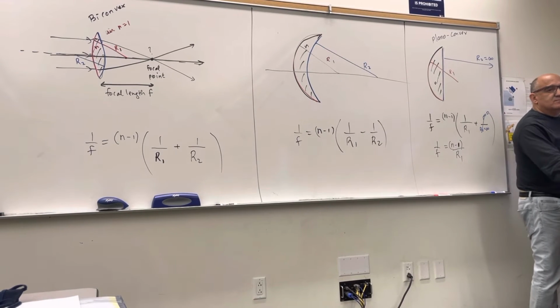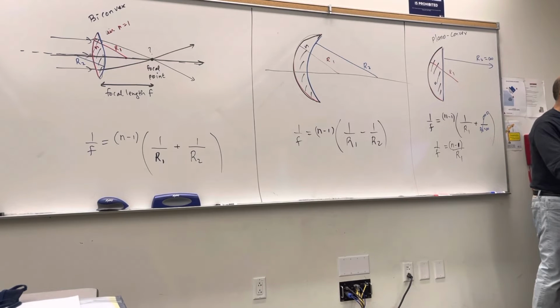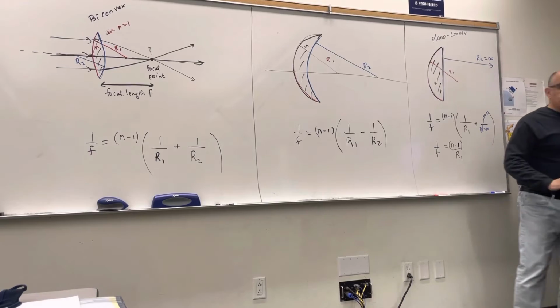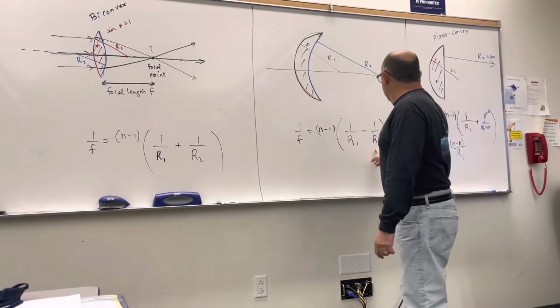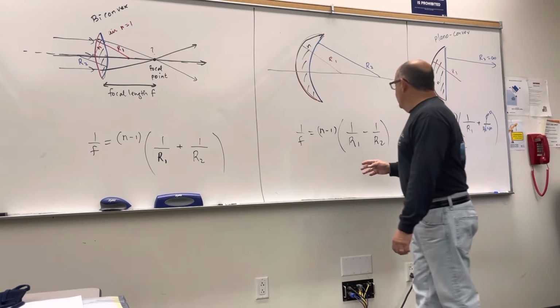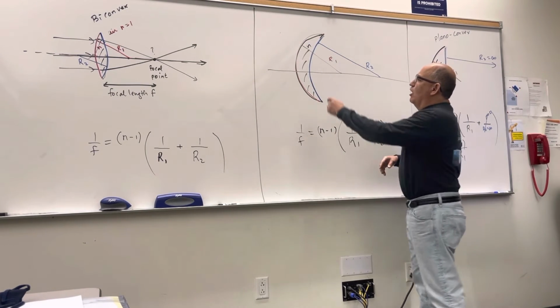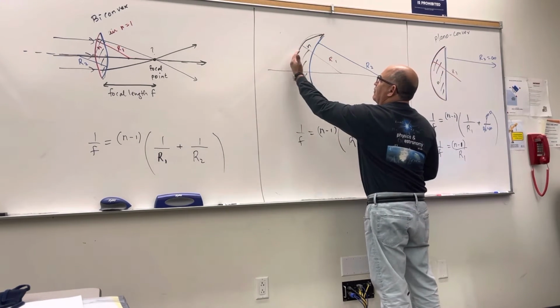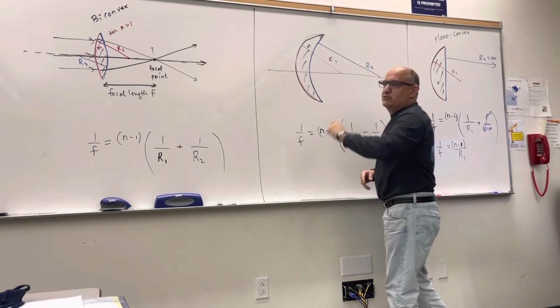The part that confused me is why is the radius R2 negative 13 centimeters? Is it because it's going out to the right? R1 is the radius of curvature of the front surface and R2 is the radius of curvature of the second one.